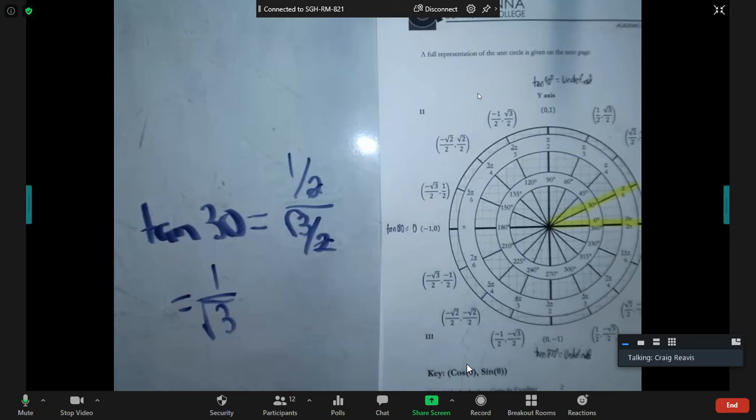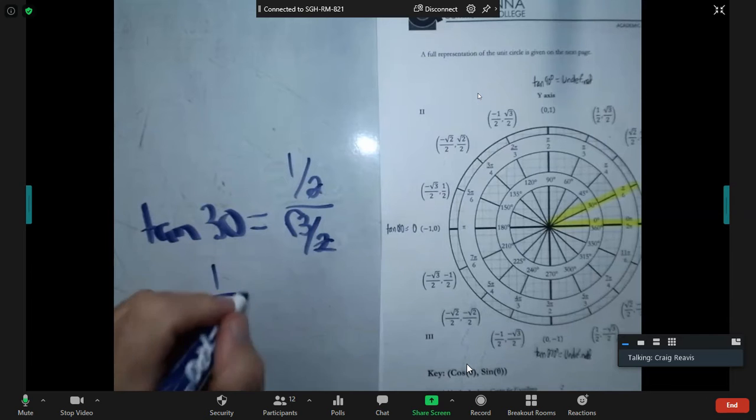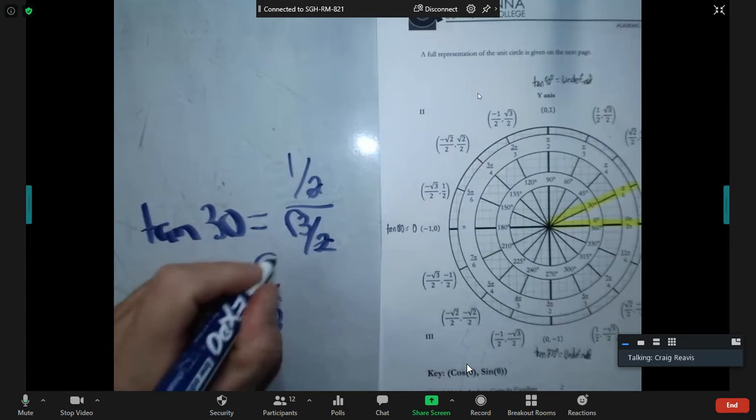Now, a lot of the answers in WebAssign right now will allow you to put the square root in the denominator, which is fine. The way you're going to see this more often is, remember, we can't leave a square root in the denominator of a fraction. So the way you're going to see it written is we have to rationalize, right? We talked about that. We've got to multiply the top and the bottom by the square root of 3.